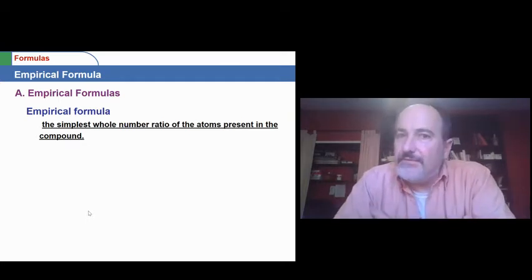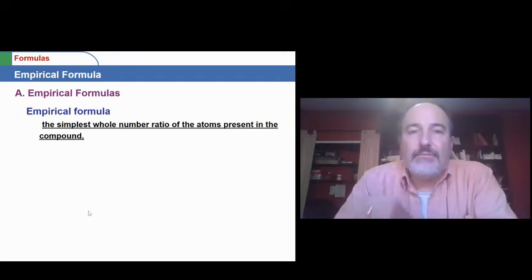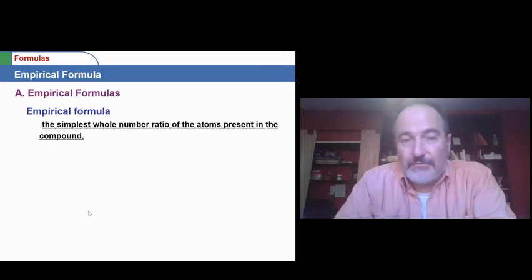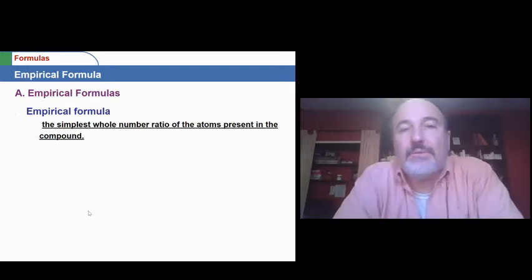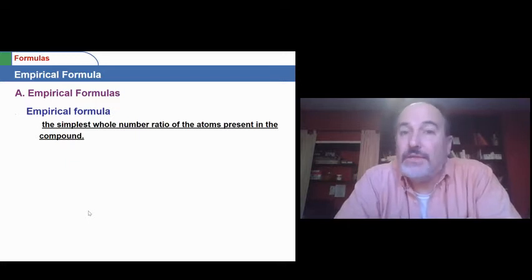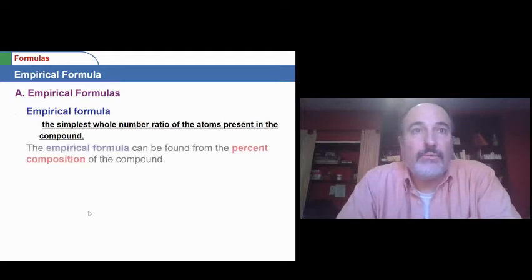So by definition, the chemical formulas for ionic compounds are empirical formulas, because when you're writing the chemical formula for an ionic compound, it is always cross, drop, and reduce. So you always want to reduce it down to the lowest possible whole number ratio.